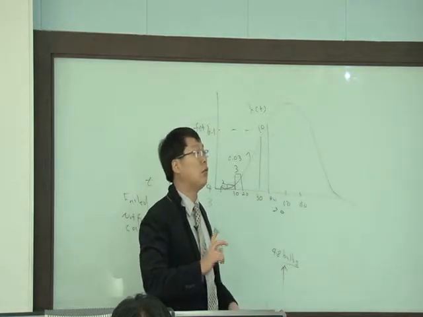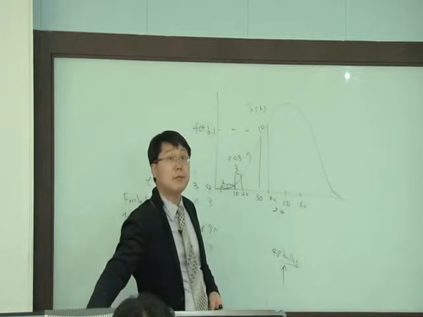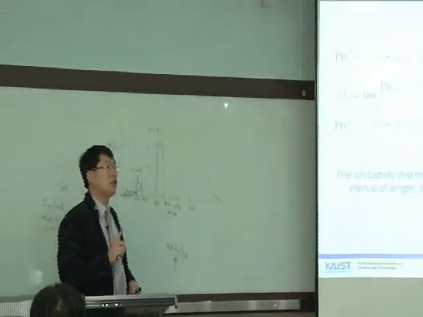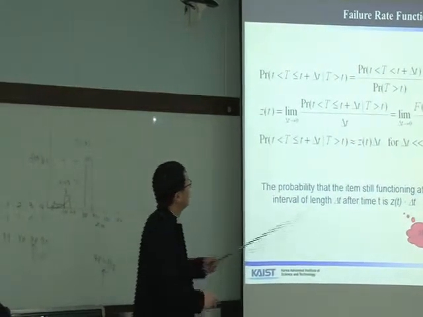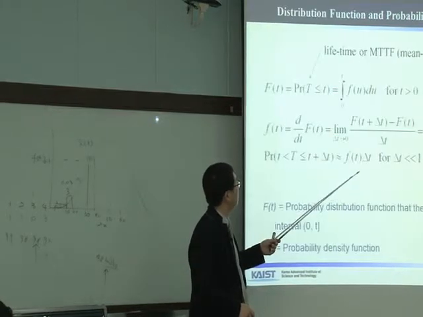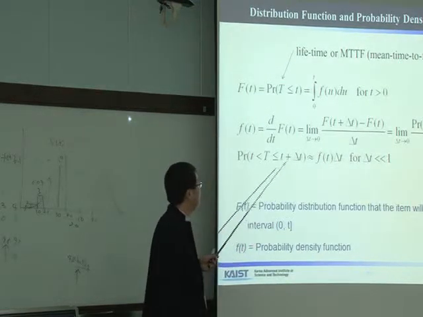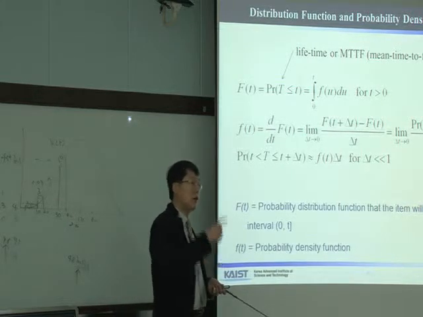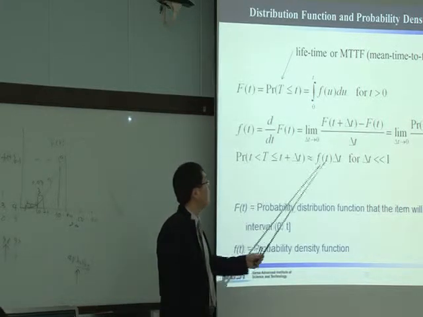This is how we deal with the sampled data. So you should distinguish g(t) and f(t). You should compare this equation to this equation. The meaning of this equation is we know the whole distribution and the fraction between t and t plus delta t. Then we can use f(t).